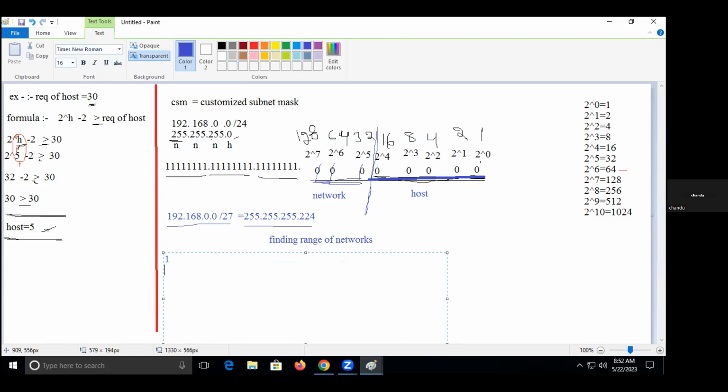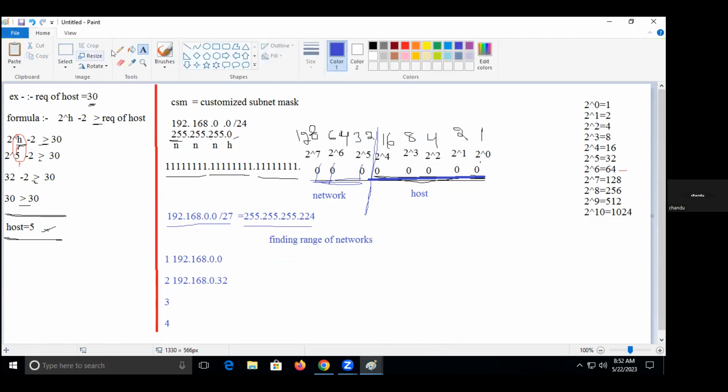So I have a first network, second network, third network, and fourth network. The first network will be 192.168.0.0. The second network will be 192.168.0.32. Why 32?